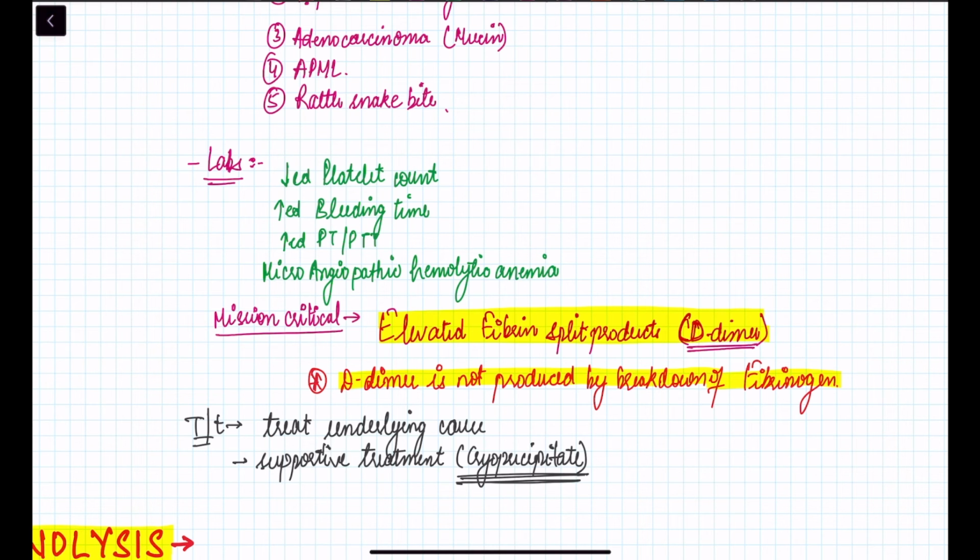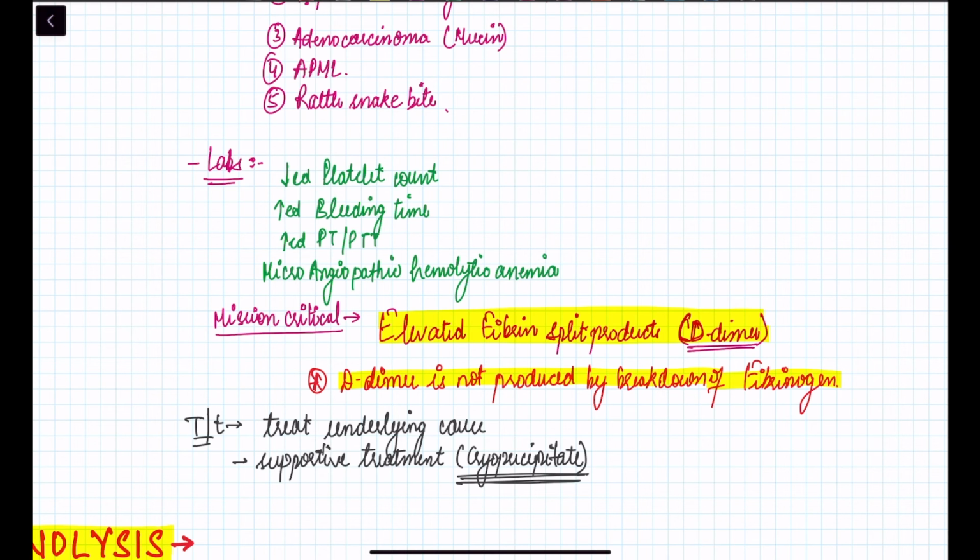In DIC, we specifically have increased fibrin split products because we know coagulation is happening, thrombosis is happening, but simultaneously the body also starts lysing the clot. So fibrinolysis is also going on at the same time.